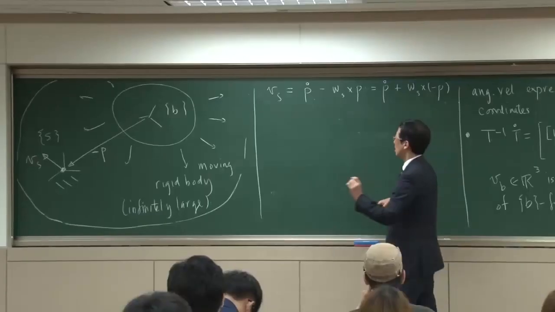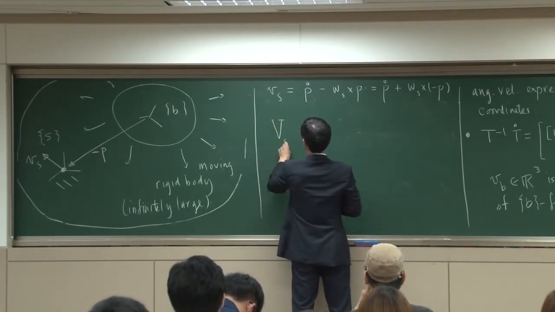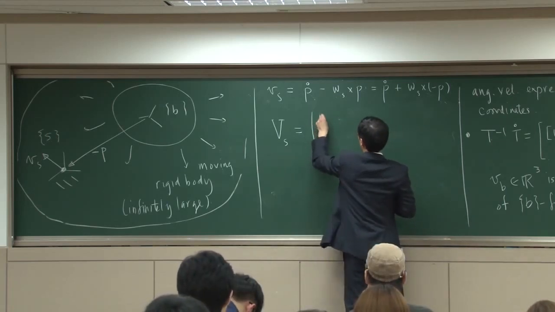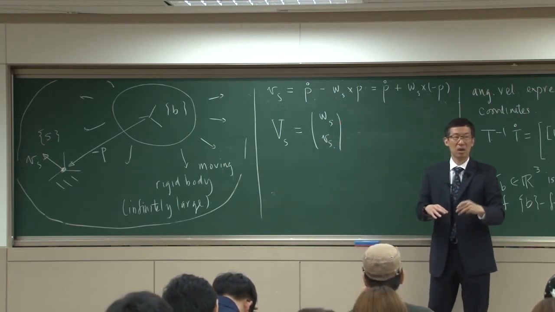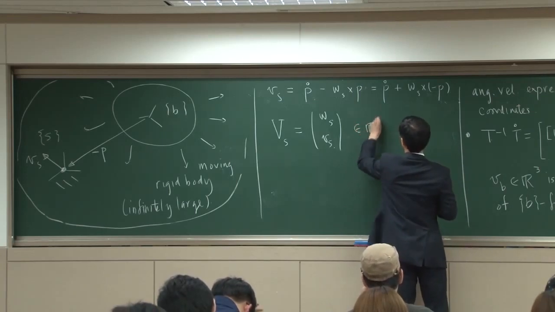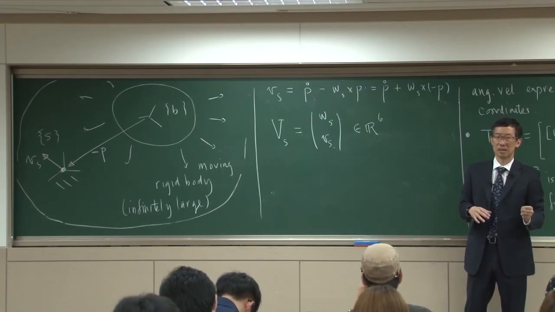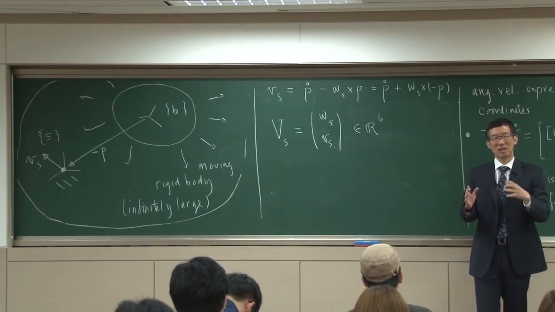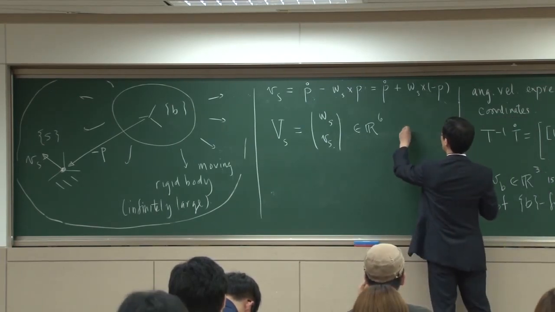So to do that, we define this six-dimensional vector. Now we're going to lump omega s and vs together, call it some capital V sub s. This is a six-dimensional velocity, and we're going to call this a spatial velocity.